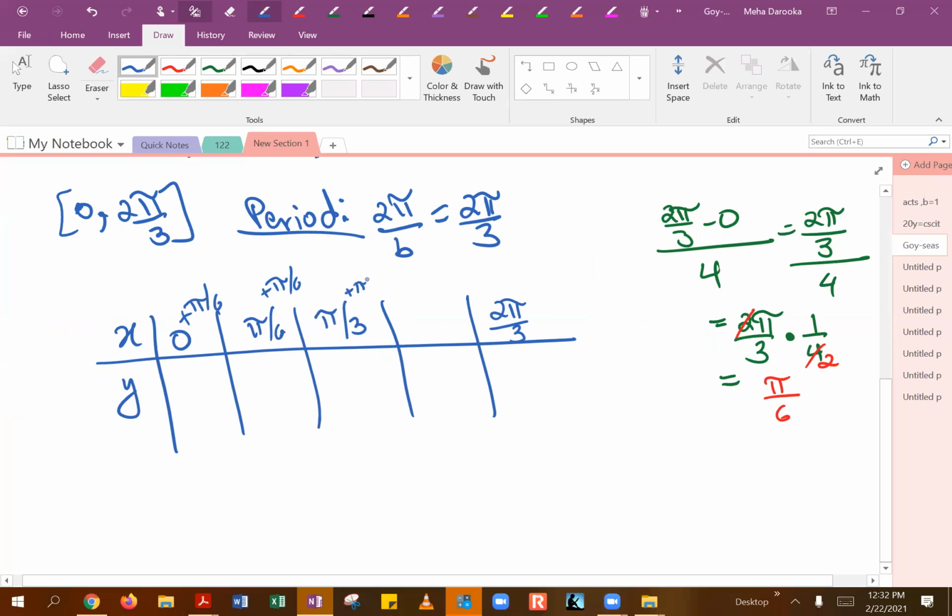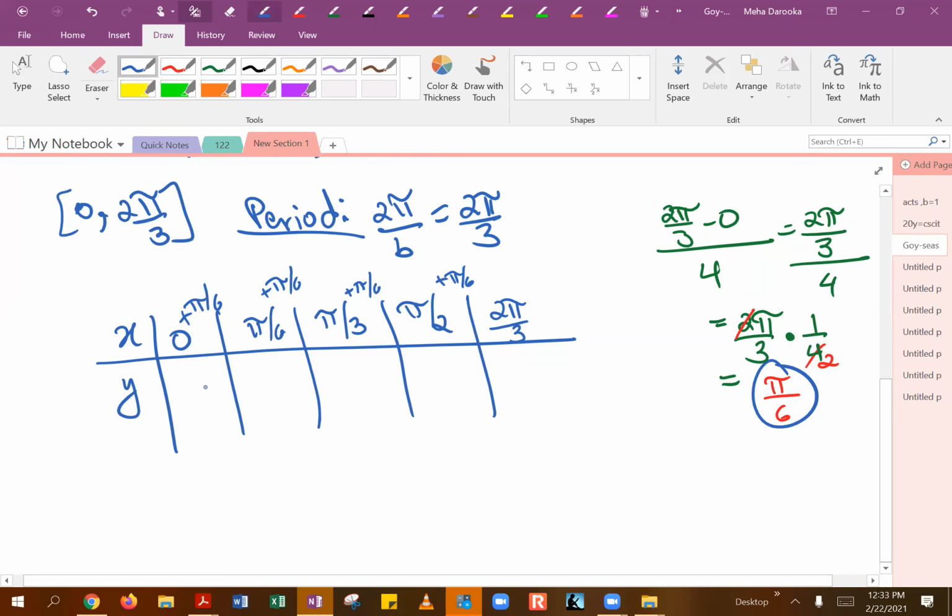Then again, add pi over 6 to that, and you have 3 pi over 6, so pi over 2, and then that should bring you back to 2 pi over 3. So basically keep adding this pi over 6 starting from your left endpoint until you get to the right endpoint, 2 pi over 3.